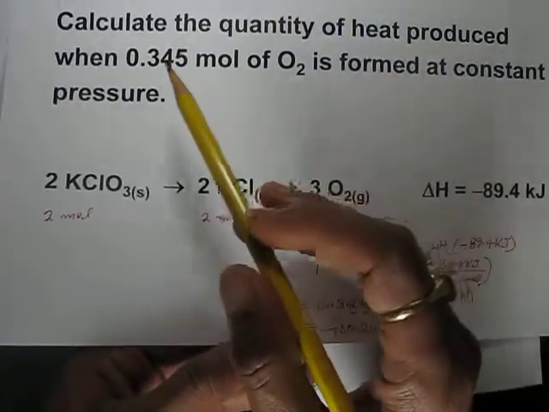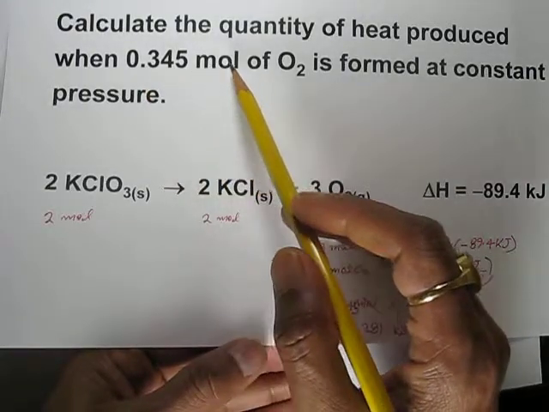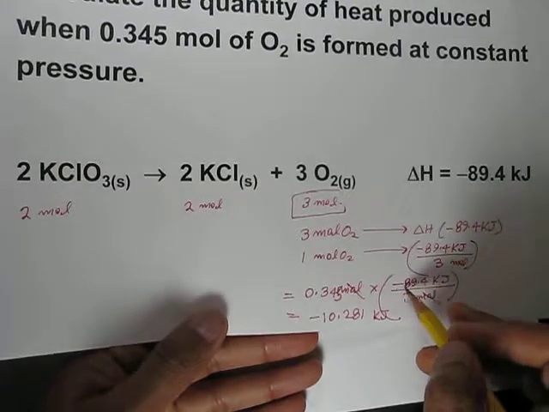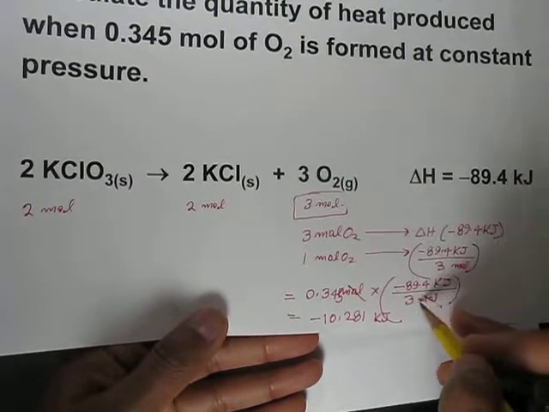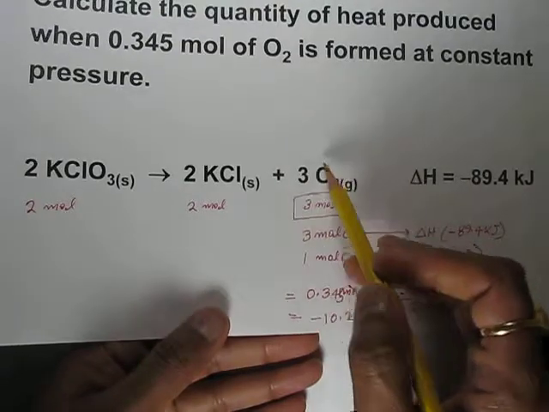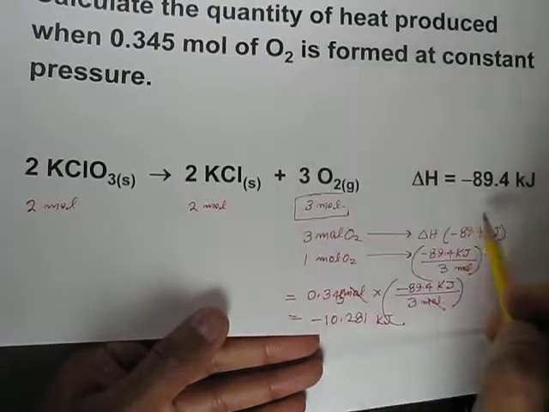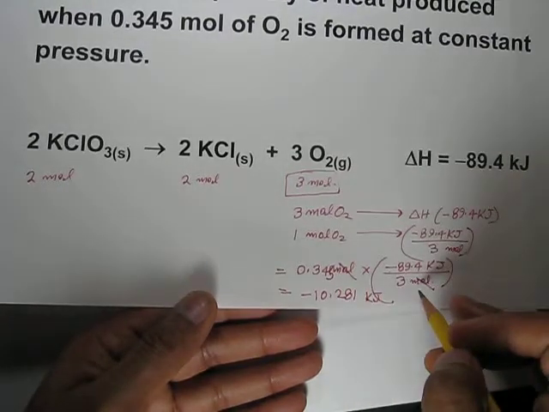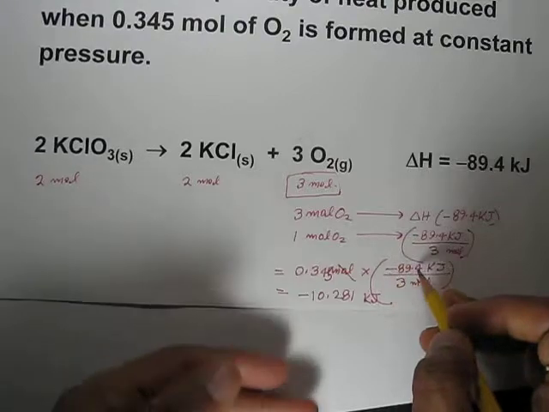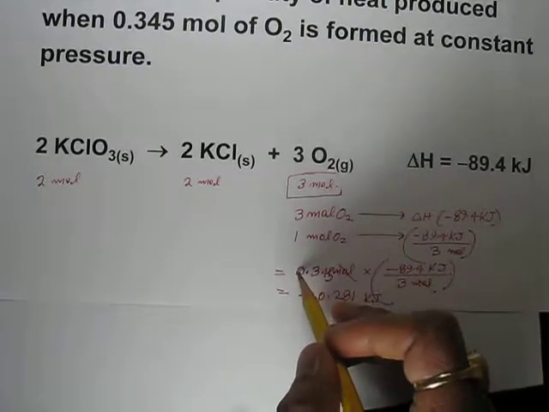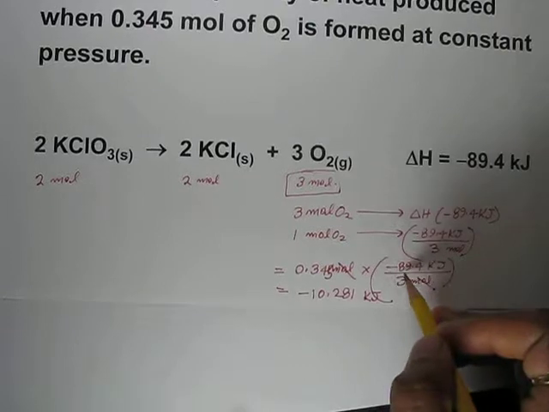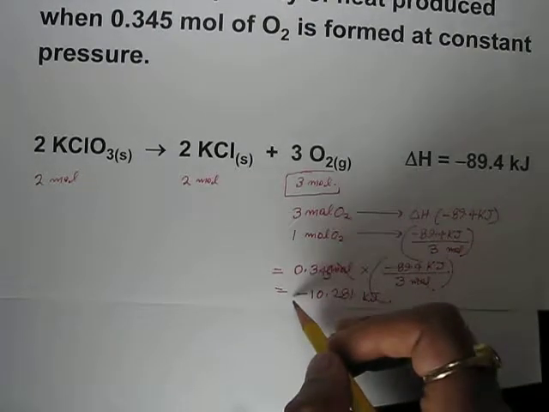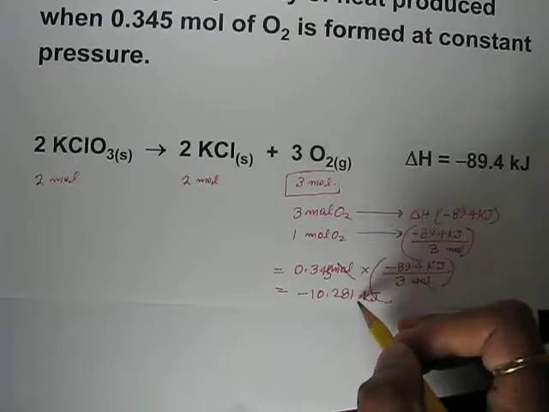They have given 0.345 mole of oxygen, multiplied by minus 89.4 kilojoule divided by 3 mole, because you can see the coefficient for this reaction is 3. So we have to use the 3 mole. The mole units will cancel out, and once you calculate, you just multiply 0.345 by minus 89.4 divided by 3, and the answer will come to minus 10.281 kilojoule.